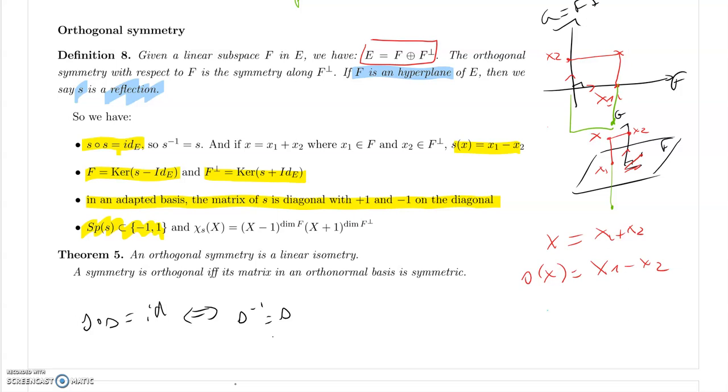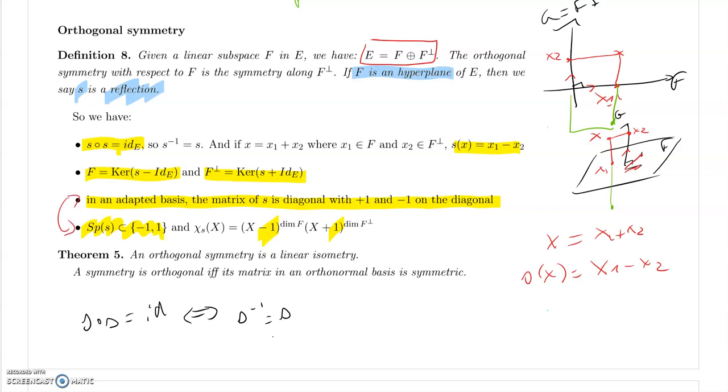The order of the eigenvalue 1 is going to be equal to the dimension of F, and the order of the eigenvalue -1 is going to be the dimension of F orthogonal, just because of the previous property.